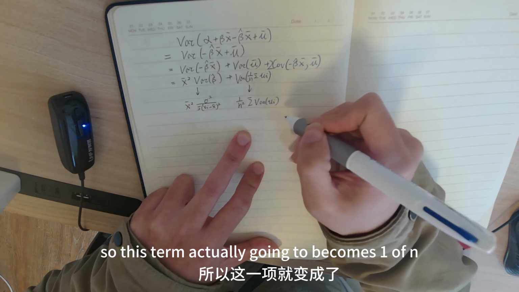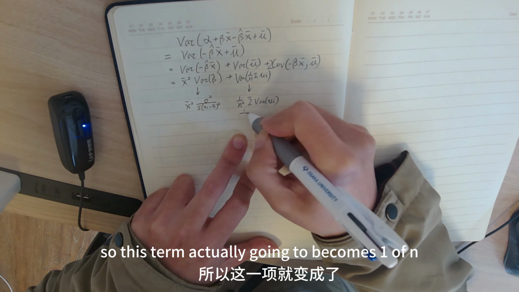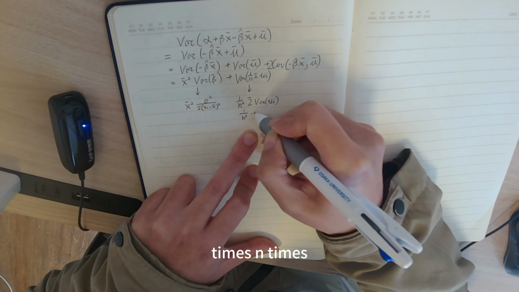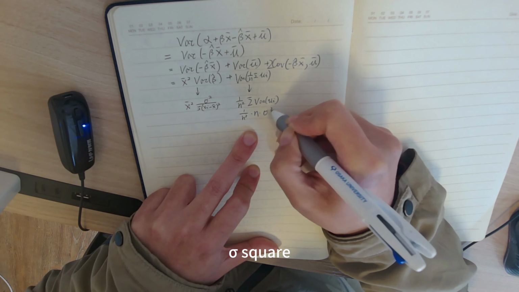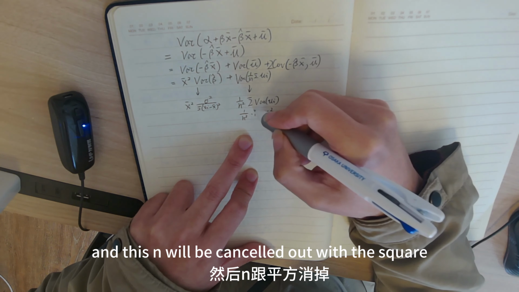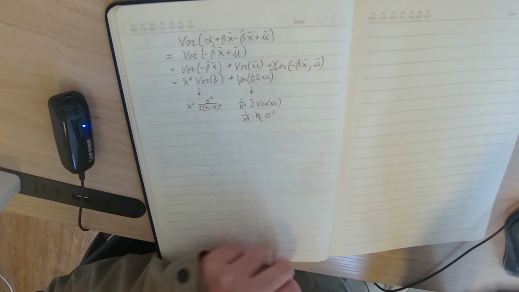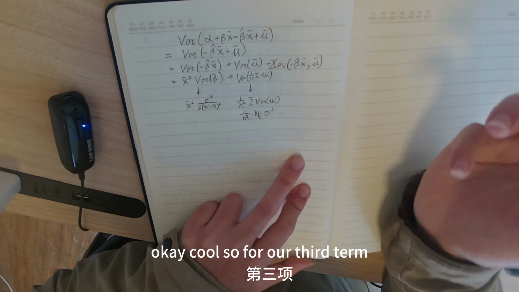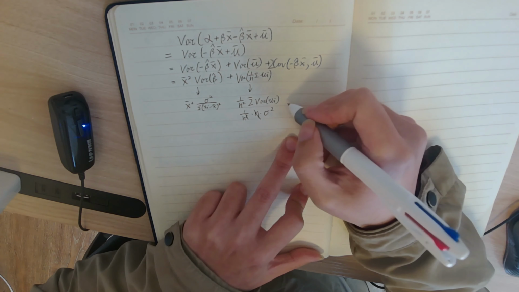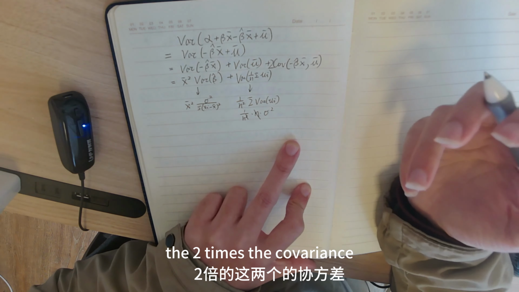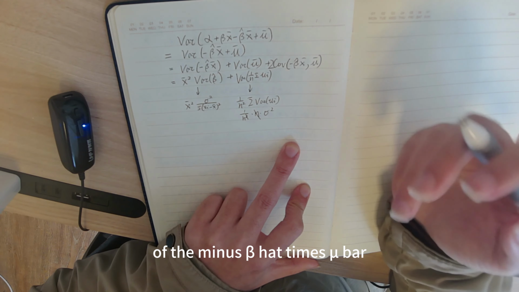So this term becomes 1 over n times sigma squared, and the n is cancelled out with the square. Okay, cool.